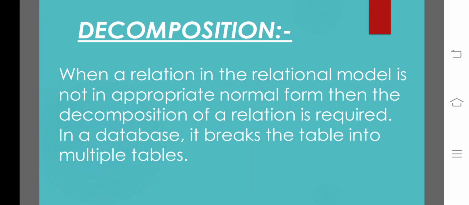Next, we will discuss decomposition. If a relation in the relational model is not in an appropriate normal form, then the decomposition of the relation is required. In a database, it breaks the table into multiple tables.